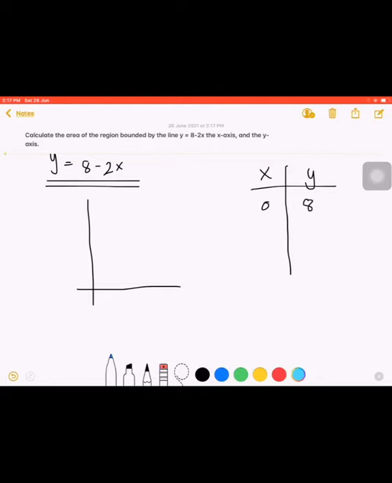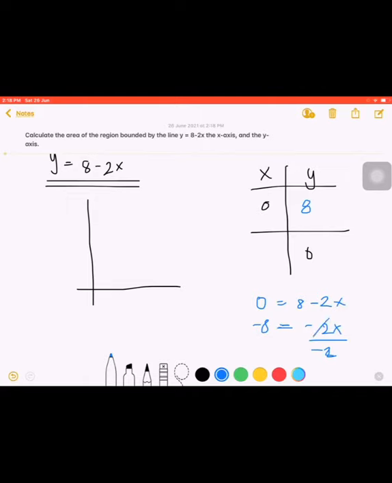Let's change the color of this one. If we replace y with 0, then 0 is equal to 8 minus 2x. We transpose 8 to the other side, so it becomes negative 8. Negative 8 is equal to negative 2x. Let's divide both sides by negative 2.